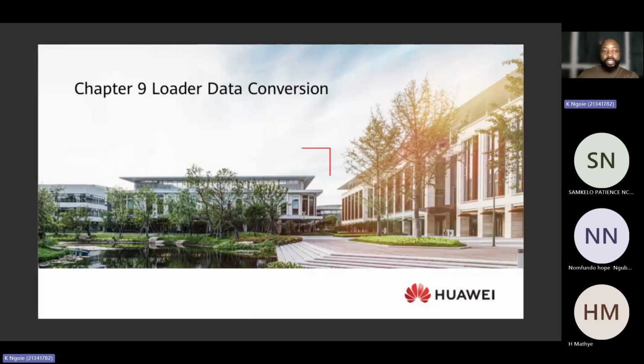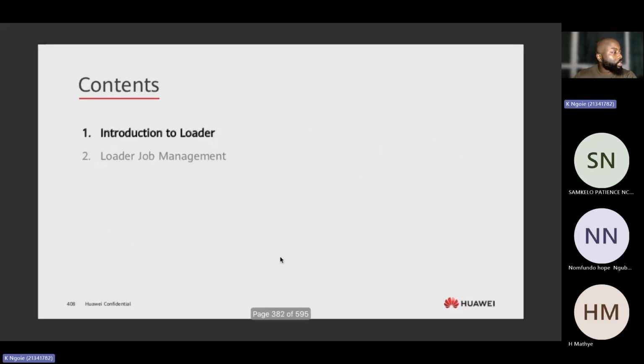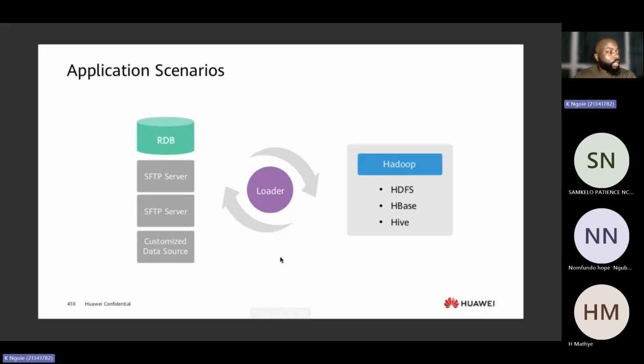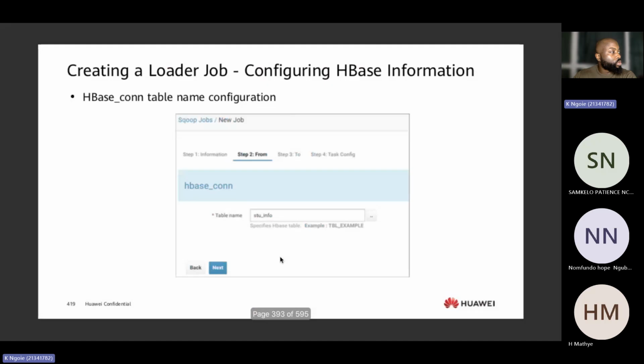Okay, so the next section will be load data connection conversion. So I don't think this part is important for version 3.5.